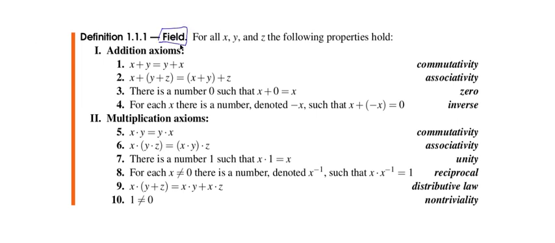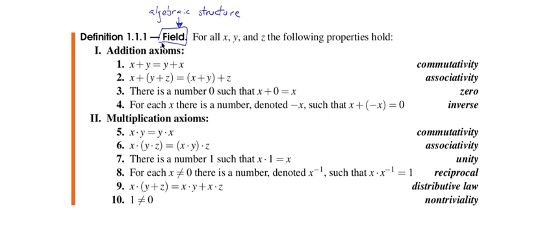A field is an algebraic structure. You're not going to be mathematicians, so you don't need to pay much attention to this, but just so you know, this is what it's called in math.